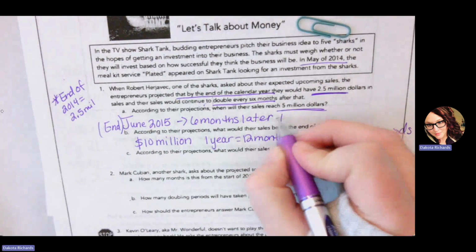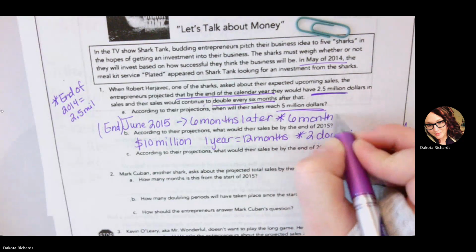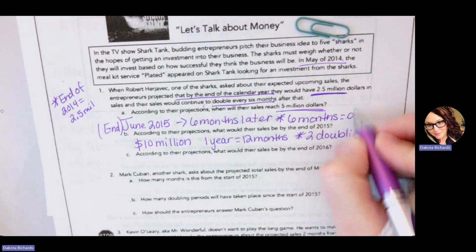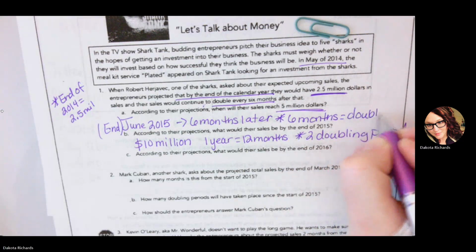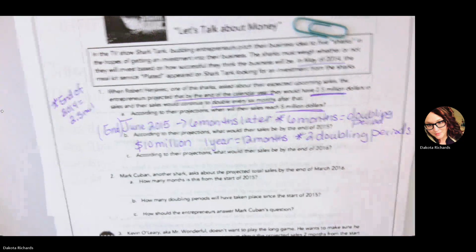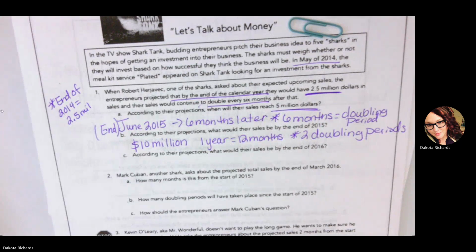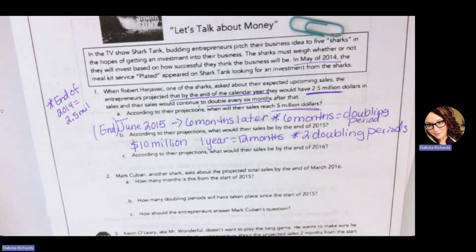And then up here, just know that 6 months is the doubling period. Okay. And then the last question, according to their projections, what would their sales be by the end of 2016?